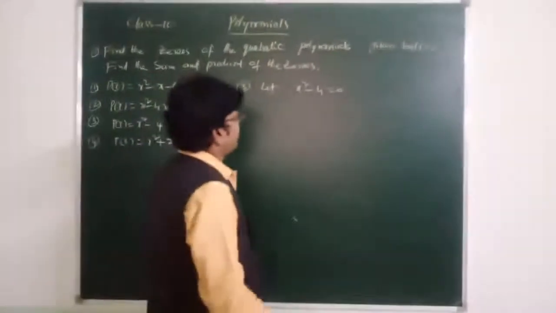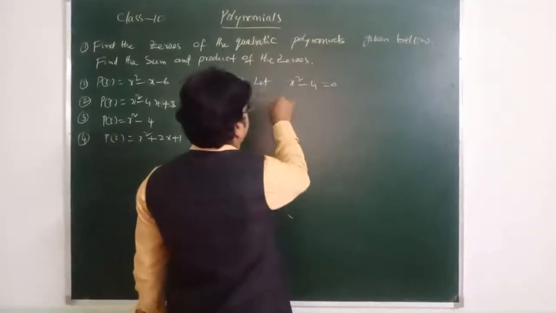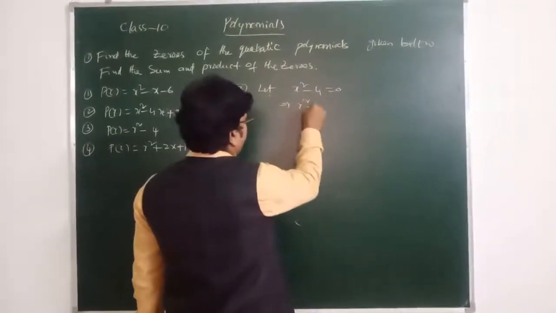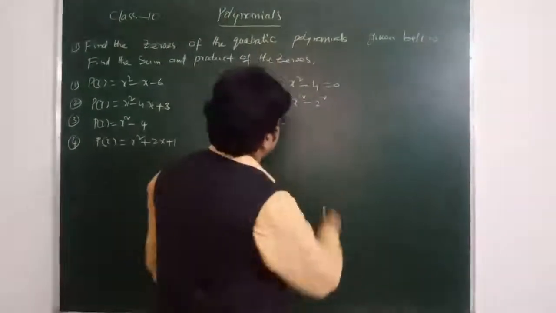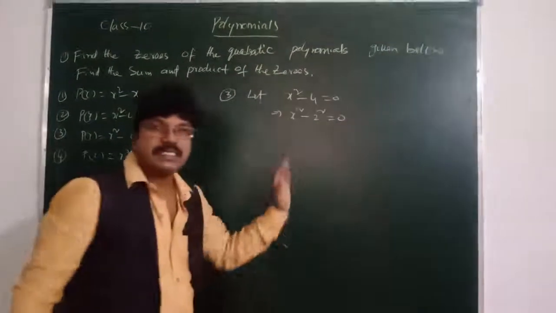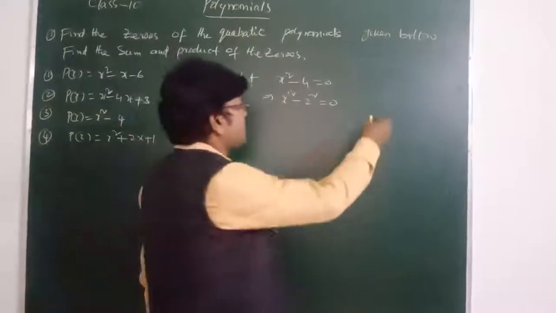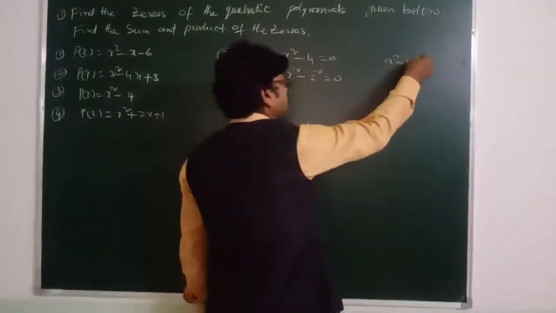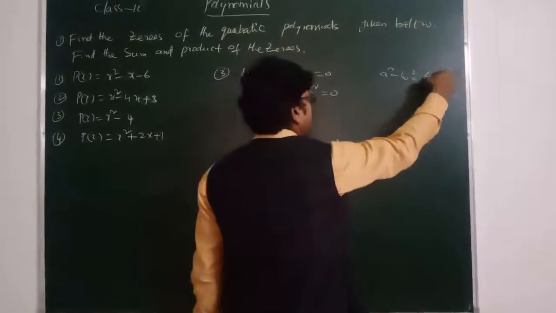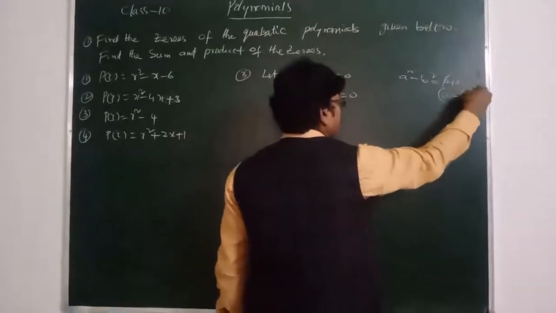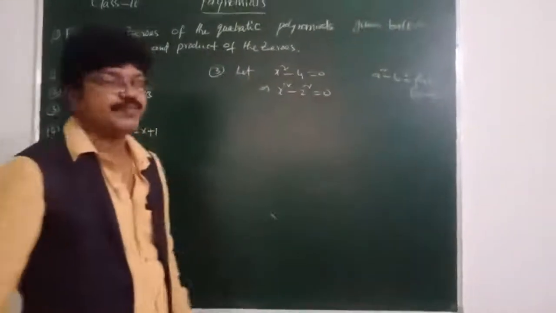x square minus 4 equal to 0. x square minus 4 implies x square minus 2 square. We can write this in the form of a square minus b square. What is a square minus b square? a plus b into a minus b.